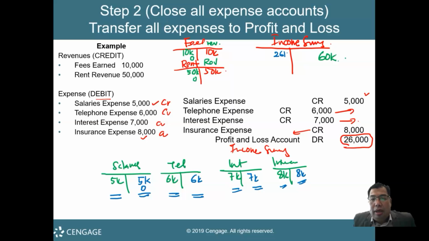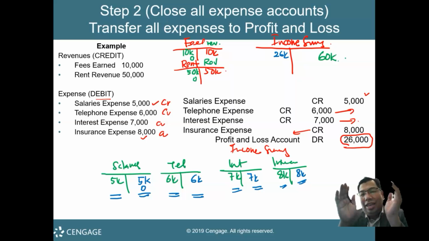Or in a simple way, I can say I'm transferring or aggregating all these 4 accounts and putting them into one account known as income summary. That's another way to explain it. Instead of closing, I say I aggregate the accounts and move them to income summary. That is why we have income summary, 60,000 credit and 20,000 debit. The difference is your profit.